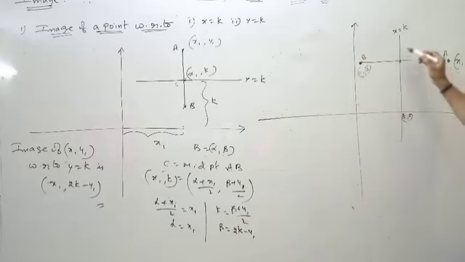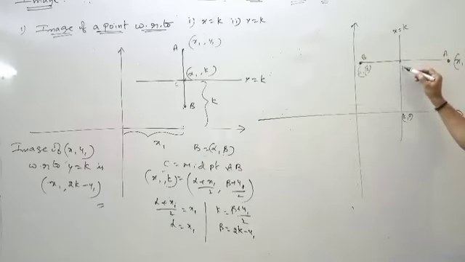And here the x value will be k. What about y? We don't know y, so anywhere on the line it is k, y. Okay?